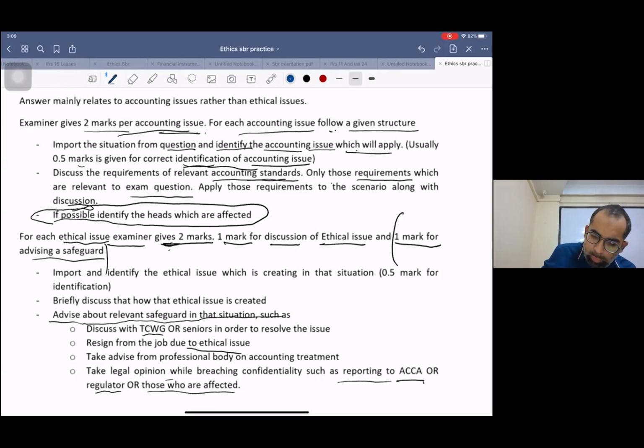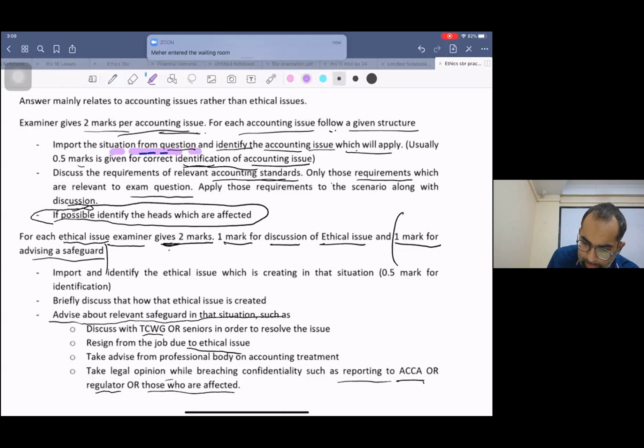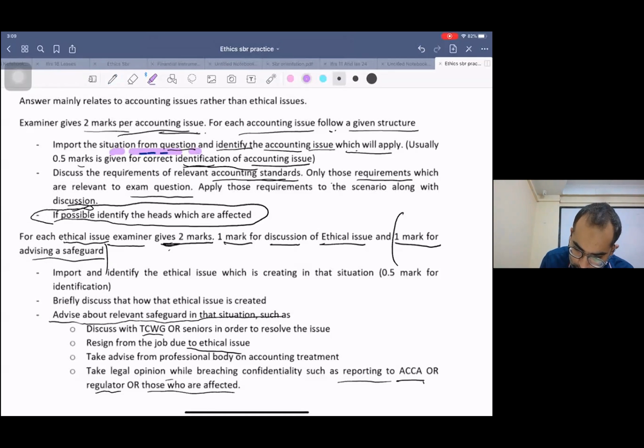First of all, import the situation from the question and identify the accounting issue which will apply. Usually 0.5 marks is given for correct identification of the accounting issue.